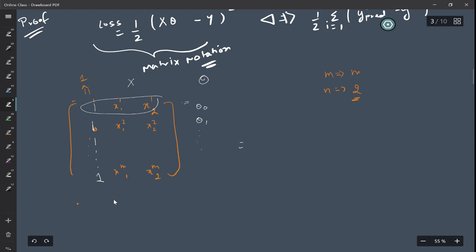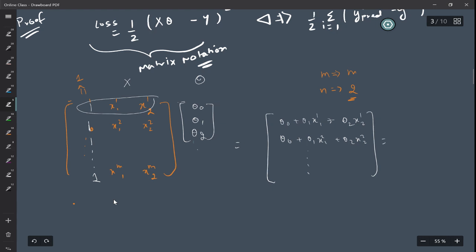So clearly you can see this is going to give you theta naught plus theta 1 x1 1 plus theta 2 x1 2, which is followed by theta naught plus theta 1 x2 1 plus theta 2 x2 2, and so on.